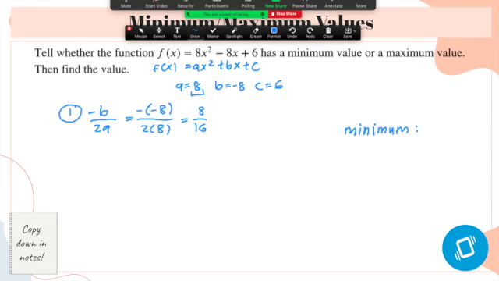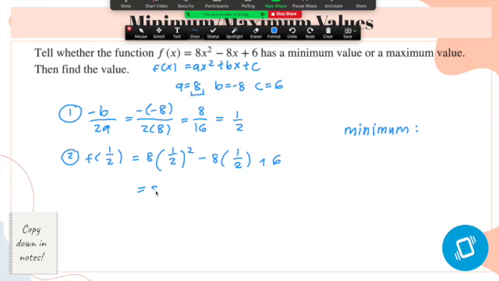And is this true? Let me check it. Negative times negative 8 over 2 times 8. Yep. So we get here 1 over 2. And once we do that, the next step is to plug it into the formula. So we get here f of 1 over 2 equals 8 times 1 over 2 squared minus 8 times 1 over 2 plus 6.